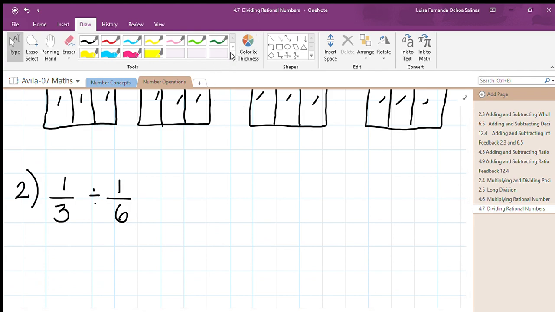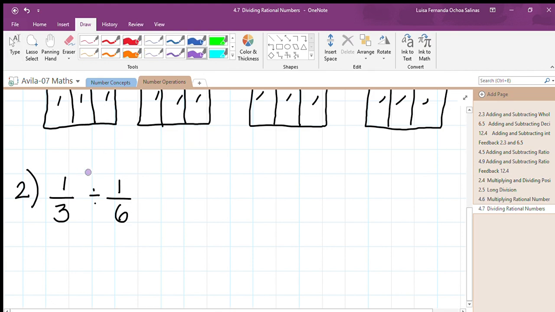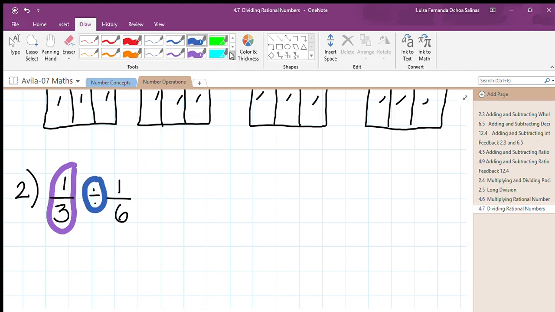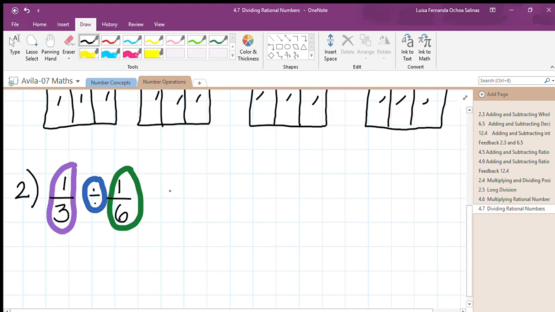So purple, stay, blue, change, green, flip. Okay, so let's do this. 1/3 stays. My operation changes to the opposite. So stay, change, flip, and my second fraction flips.